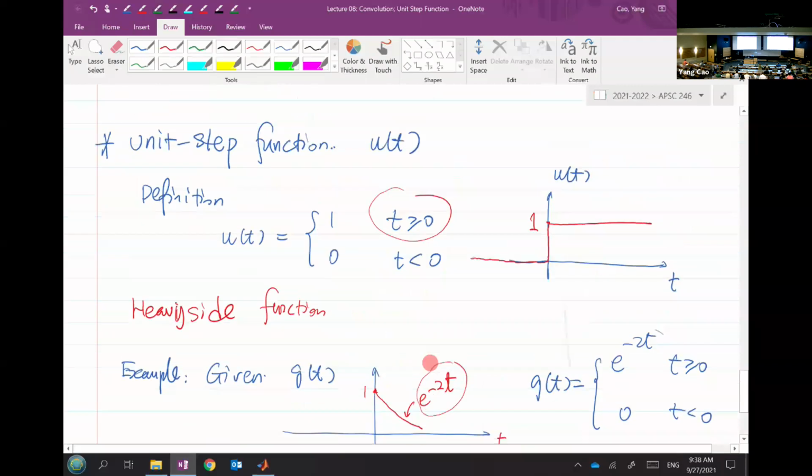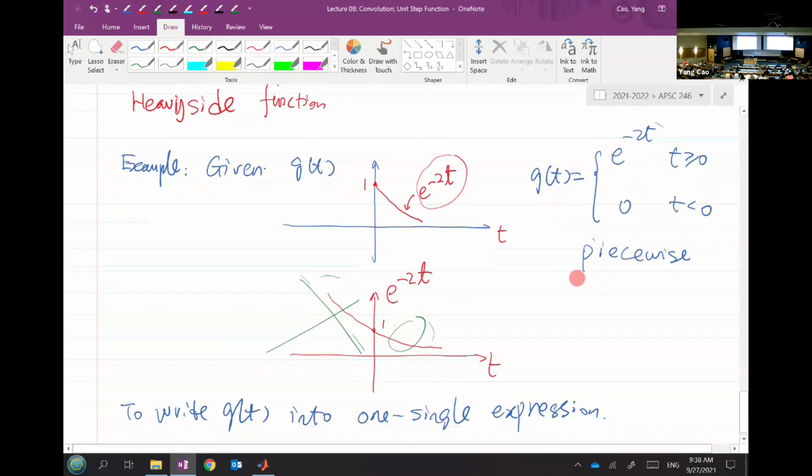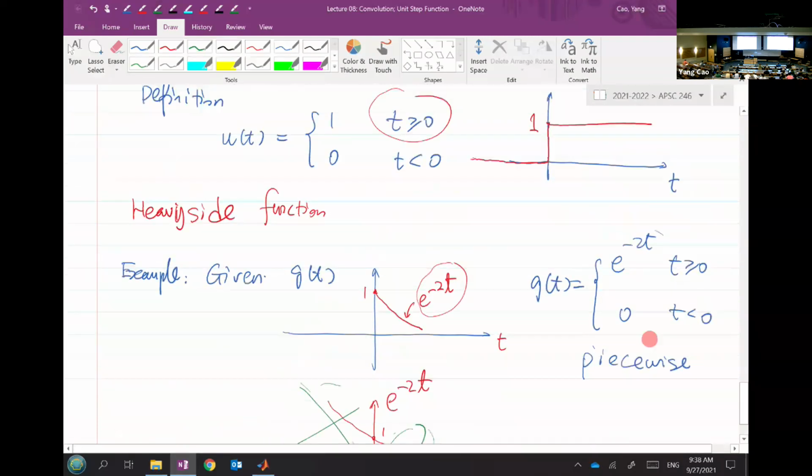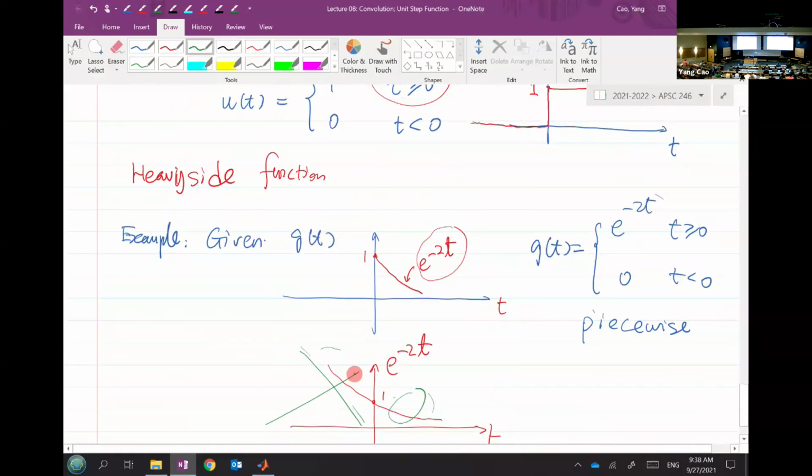That is exactly what this unit step function is doing. This side is 0, this side is 1. So if you multiply this e to the power negative 2t with the unit step function, you essentially get rid of the left side and keep the right side without changing its value.